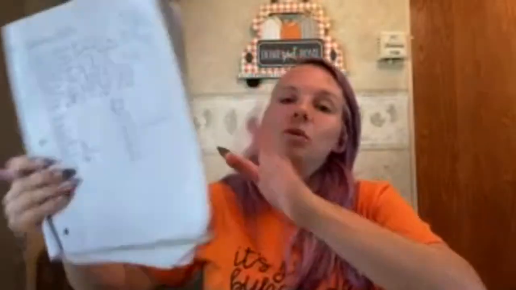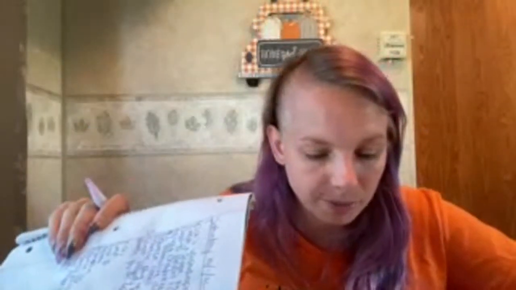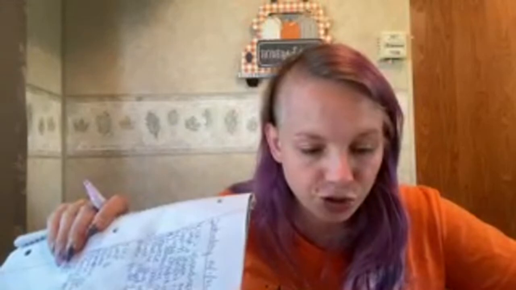And we are at $6 plus tax out of pocket. Which, for all that we're getting, that is a great deal. There is, how many things? I think there's 13 items.